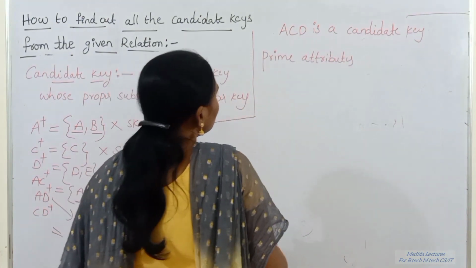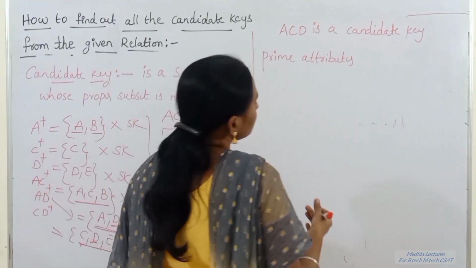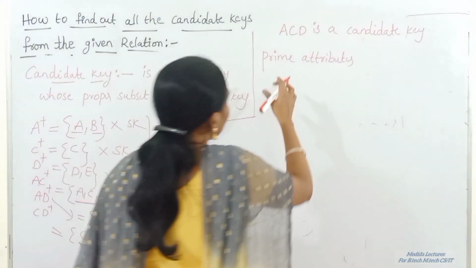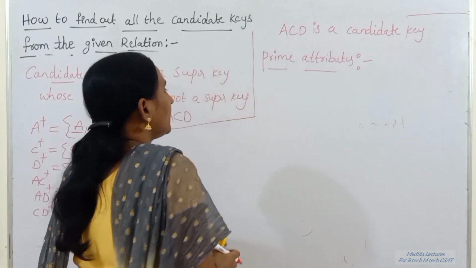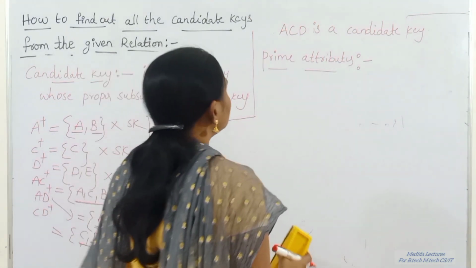If you want to find out whether more candidate keys are available in the functional dependency or not, you have to know the prime attributes. So what are the prime attributes?